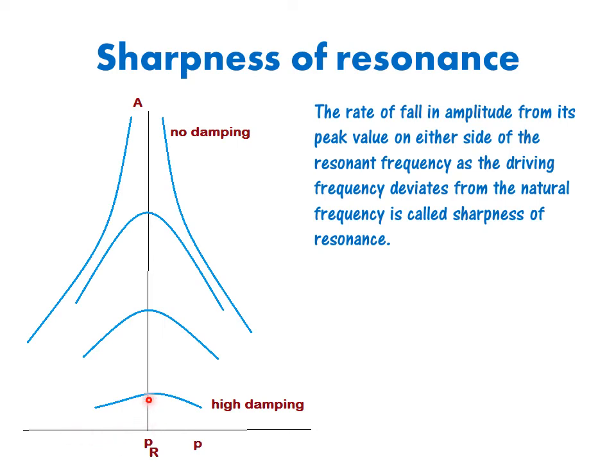If you plot it, what you are able to see is that when p is equal to PR, the driving frequency equal to resonant frequency, the amplitude will become maximum. So this phenomenon is what we call resonance. That means under a particular driving frequency of the external force, the amplitude of the oscillation becomes maximum, and that phenomenon is what we call resonance.